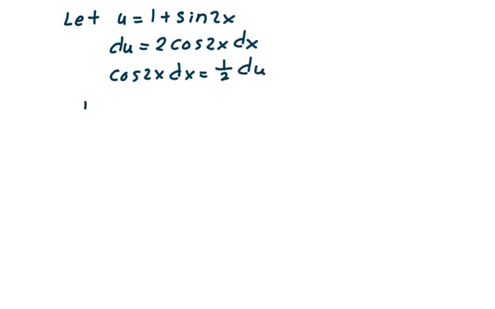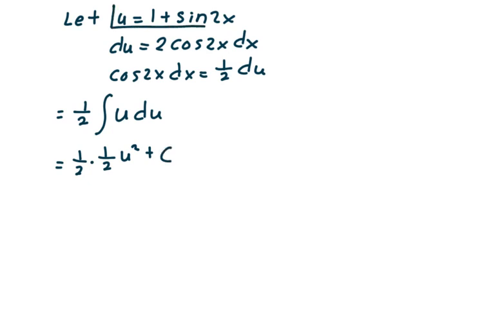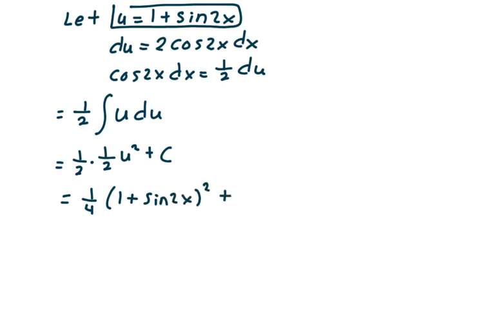And so this is 1/2 the integral of u du, which is 1/2 times 1/2 u squared plus c. But remember, u is 1 plus sine 2x. So this is 1/4 of (1 plus sine 2x) raised to the second plus c.